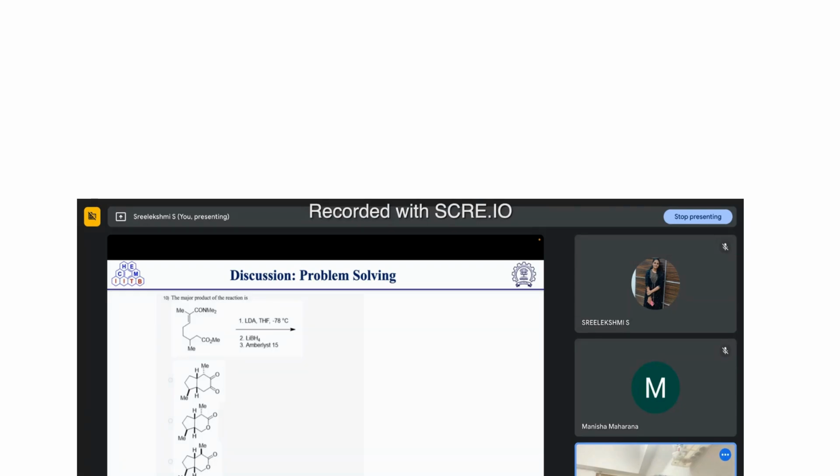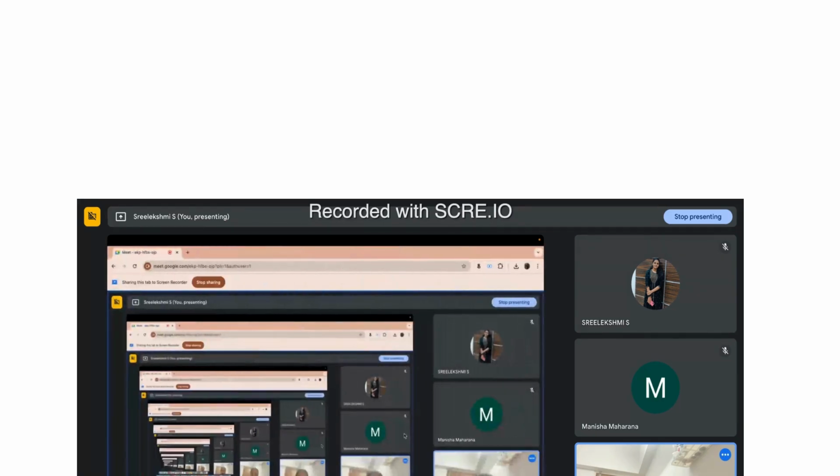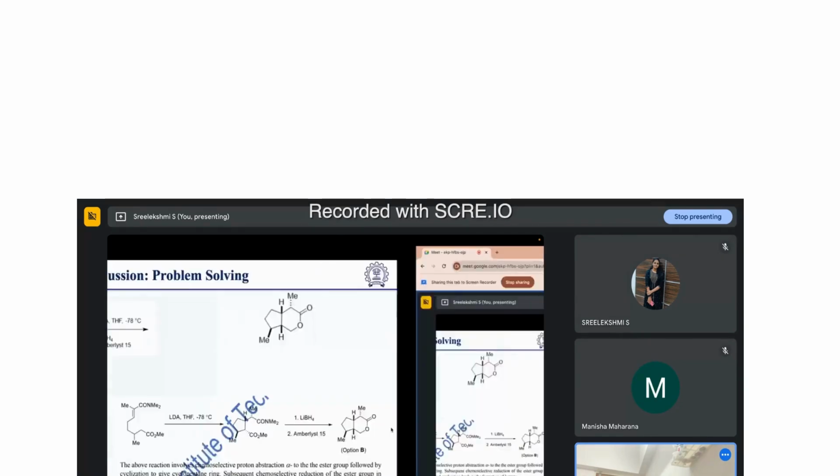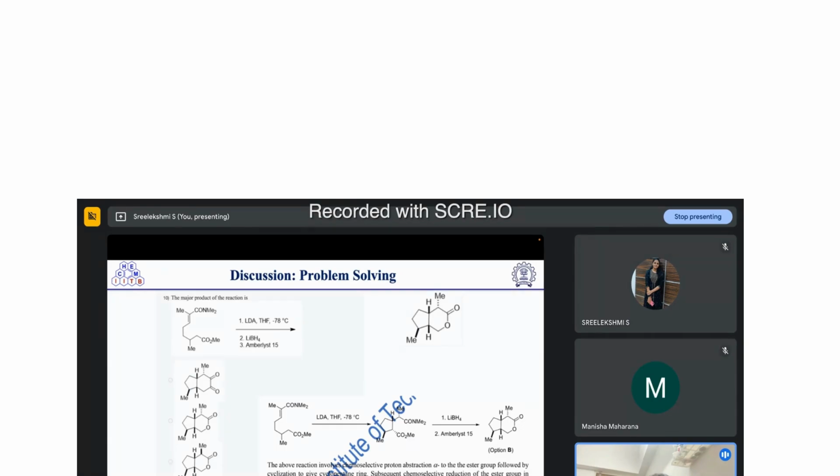Which will be the answer? The correct answer is option B. So what is happening here is that first LDA will abstract the proton which is adjacent to that ester group, and that will attack the double bond.